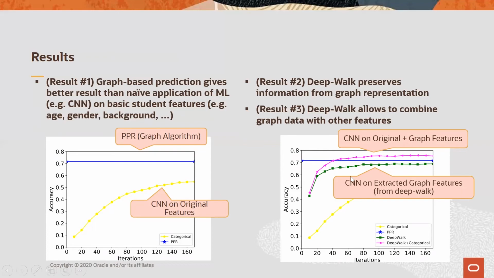We used the DeepWalk, and then, of course, had to do training and got to a decent level of accuracy. Not quite the accuracy of the personalized PageRank. And then only if we combine everything, like the neural network on the original features and the graph features, then we would be a little better than the plain personalized PageRank.